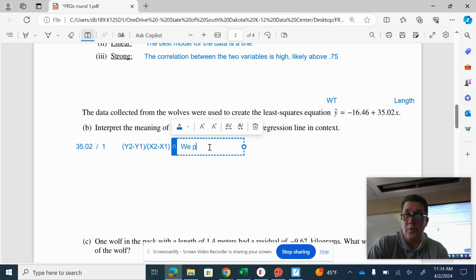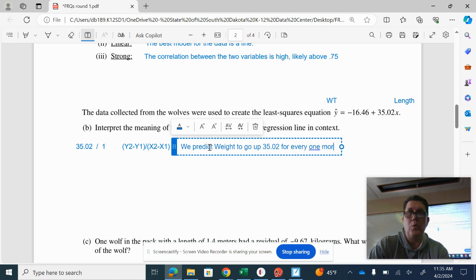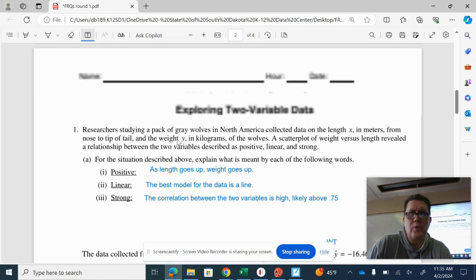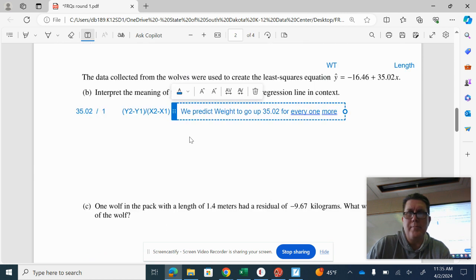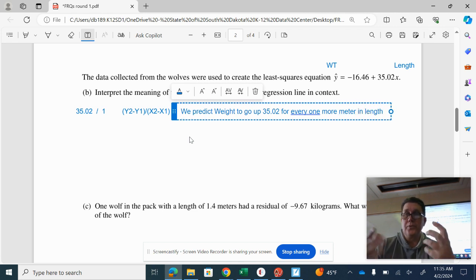That hat on the y, we predict weight to go up 35.02 for every one more. Now I might have to look back. One more what? One more meter. Again, why we're using meters and not feet or something like that. Meter in length. But that is the slope.